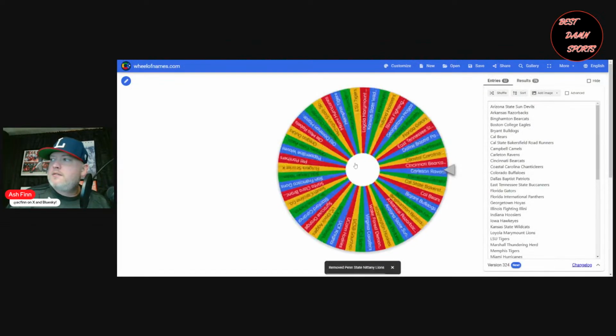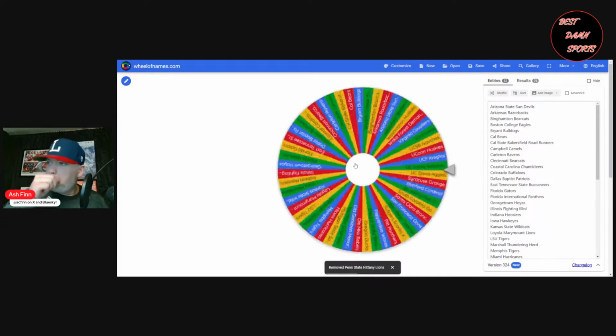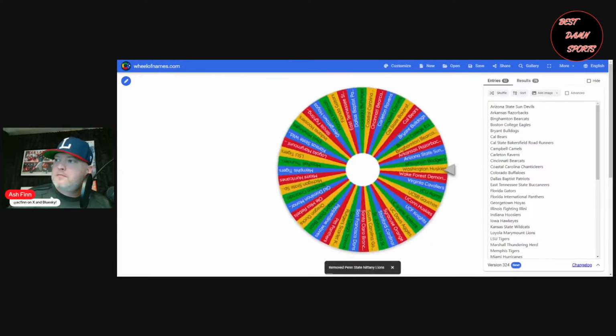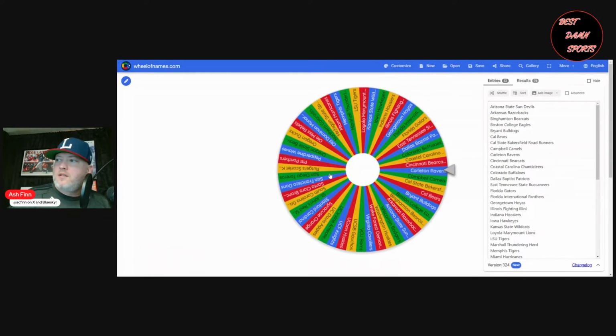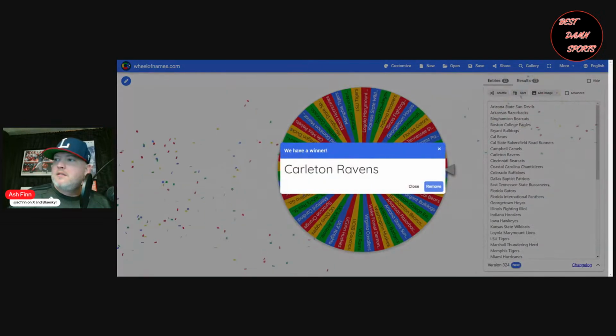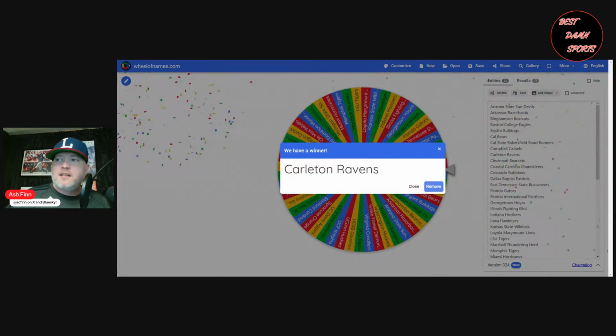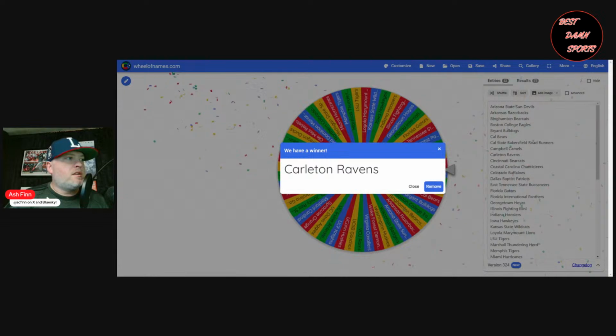Get out of there. I can actually start reading the names on the wheel a little better now. And we've got another one of our Canadians taken now with the Carleton Ravens. Let's see, what league are they in? They are in the Big East. The Big East Conference, selecting at number 7, will be the Carleton Ravens.